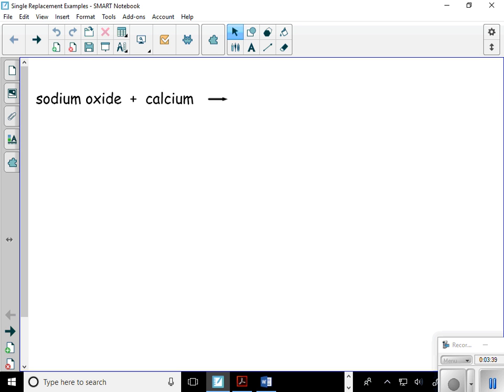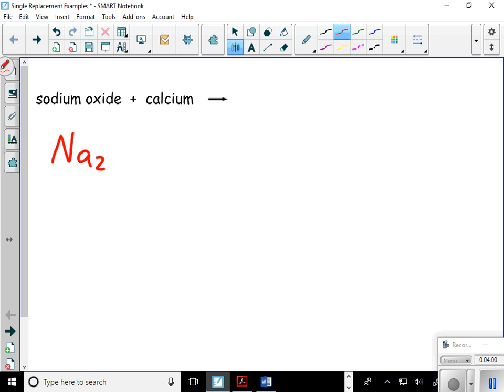So I am going to get a new metal and a new salt. Now, what I need to check, okay, on my activity series. Okay, so I'm going to write this out. I know sodium oxide plus calcium.